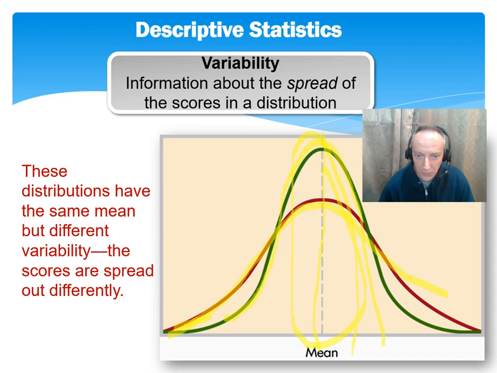Whereas the red curve, it's a flatter curve. You got more people in your extremes. Knowing your standard deviation would let you know, do I have a very compact curve or do I have a very variable, spread out curve?